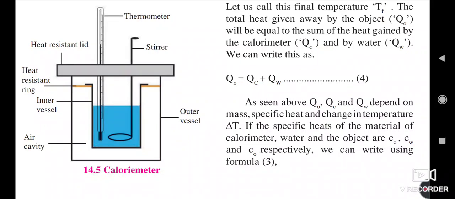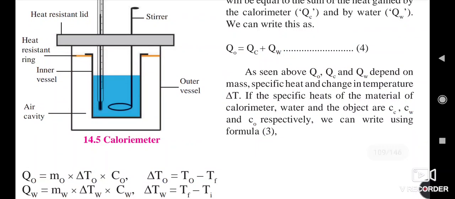As we have seen above, the heat of the object, the heat of the calorimeter and the heat of the water depend upon the mass, the specific heat and the change in the temperature, that is delta T. This term delta is used for the change in the temperature, so between the initial and the final temperature, the difference is delta temperature.